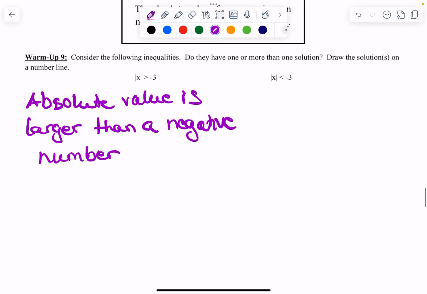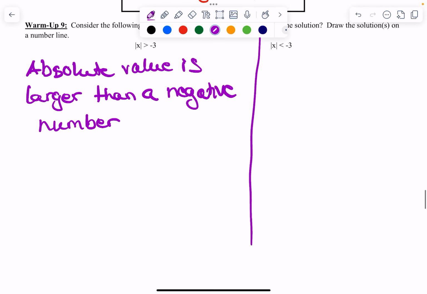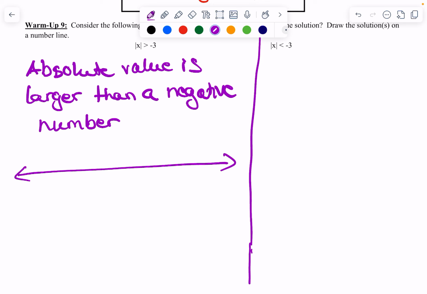When we have the absolute value larger than a negative number, if we think about it, we are going to draw a number line here. We have infinity and negative infinity, -3 and 3. Can absolute value be greater than -3? Absolute value of a number.